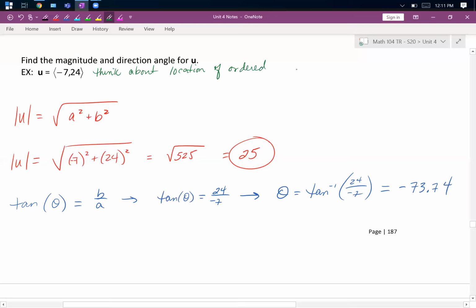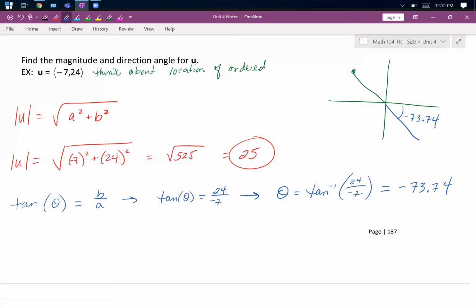So if we are at -7, 24, that means that we're in quadrant 2 somewhere. But the angle that our calculator spit out is down here. So our calculator gave us the wrong quadrant, because quadrant 2 is not in the range of inverse tangent.